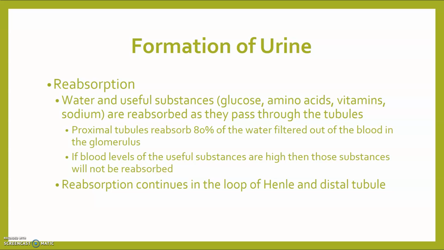The proximal tubule reabsorbs 80% of the water that's filtered out of the blood in the glomerulus. If blood levels of useful substances are high, then those substances will not be absorbed. So the body is only going to reabsorb what it needs. And understand that reabsorption continues from the proximal convoluted tubule into the loop of Henle and the distal tubule as well.